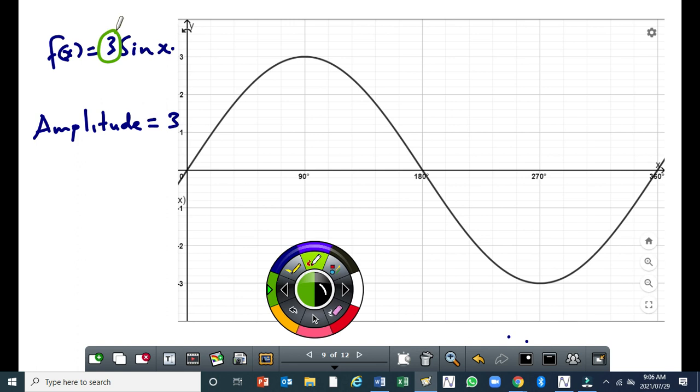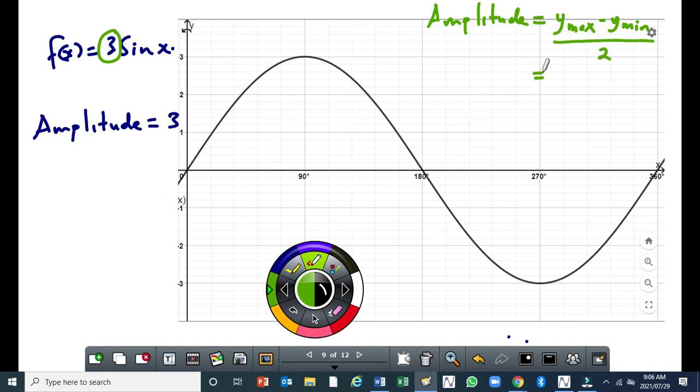Remember what I said, if the coefficient is positive, that's the amplitude. If the coefficient is negative, you take the positive of that negative value, all right? You can also do a calculation, and I gave you a formula. The formula for amplitude is amplitude is equal to y max minus y minimum all over 2.